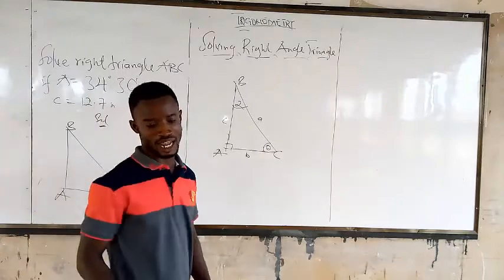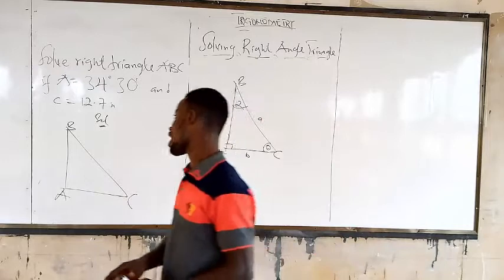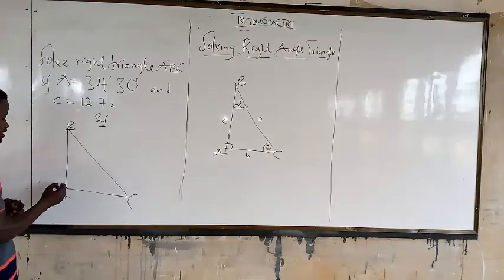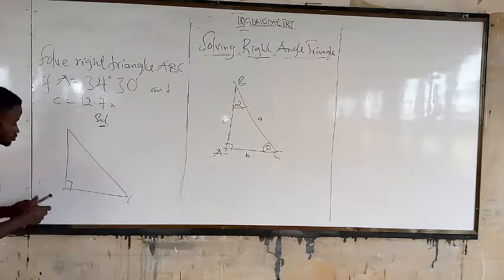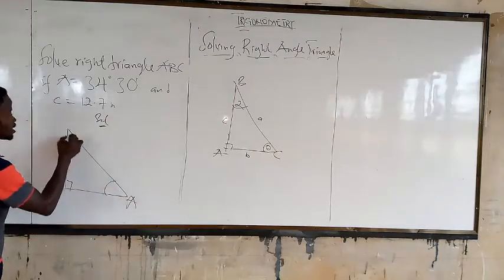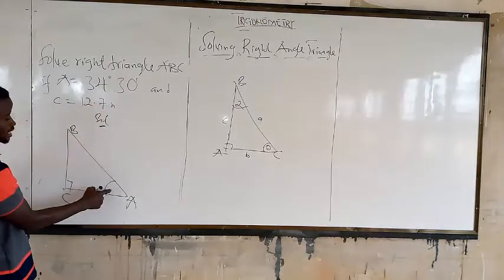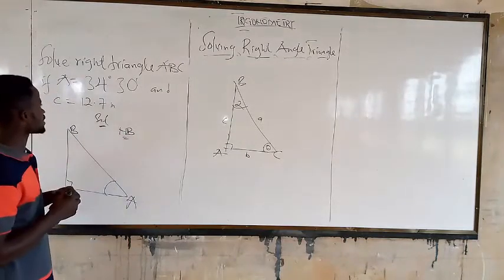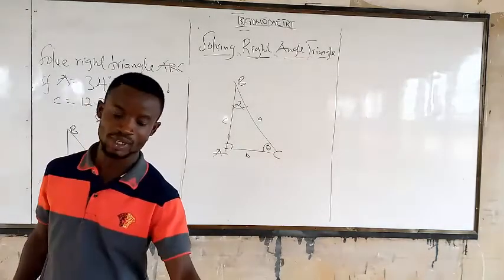So we have been given an angle A. That means that we have to represent our diagram well. We know that this is 90 degrees, so we can make it this way, A, B, C, so that this represents the angle. But note that this 34 degrees 30 minutes can be converted.